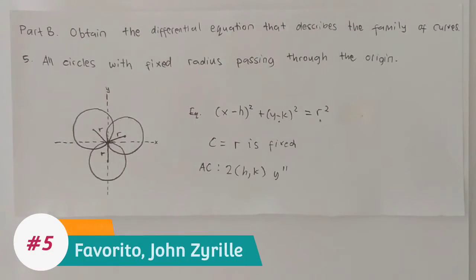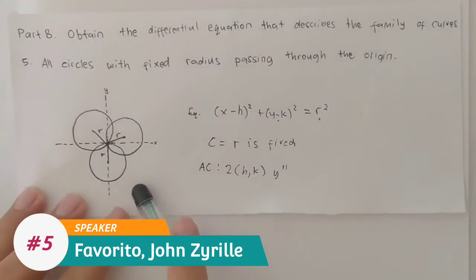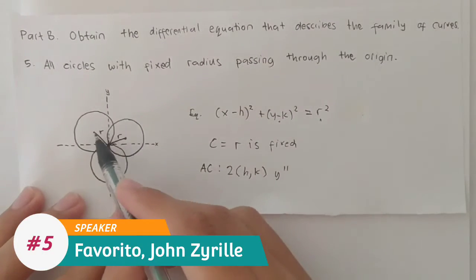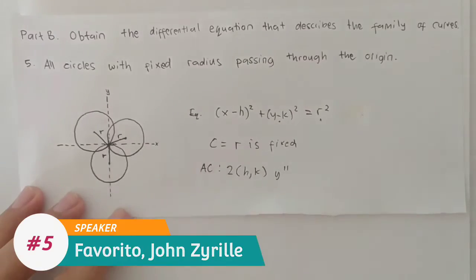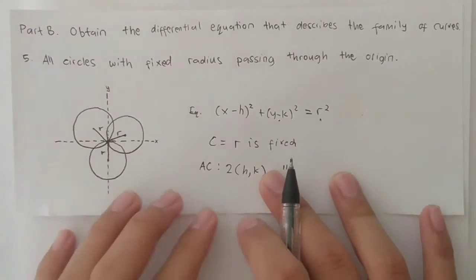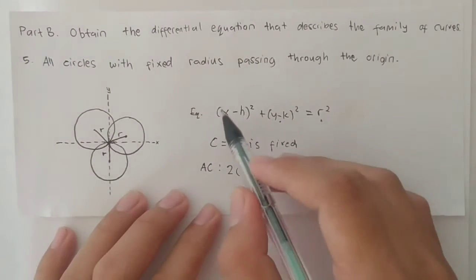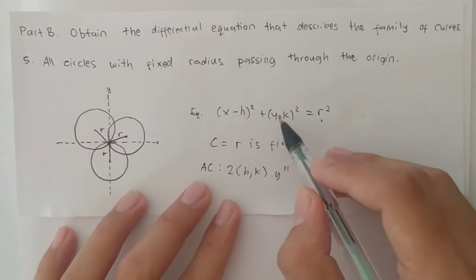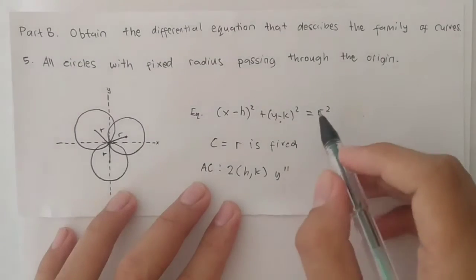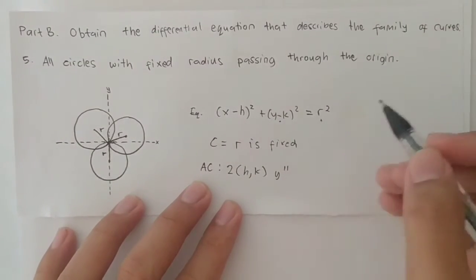B. We need to obtain the differential equation that describes the family of curves. So this is what it looks like. I have circles here with the same radius, and all of them are passing through the origin. Since we're dealing with circles, our equation to be used is (x - h)^2 + (y - k)^2 = r^2.